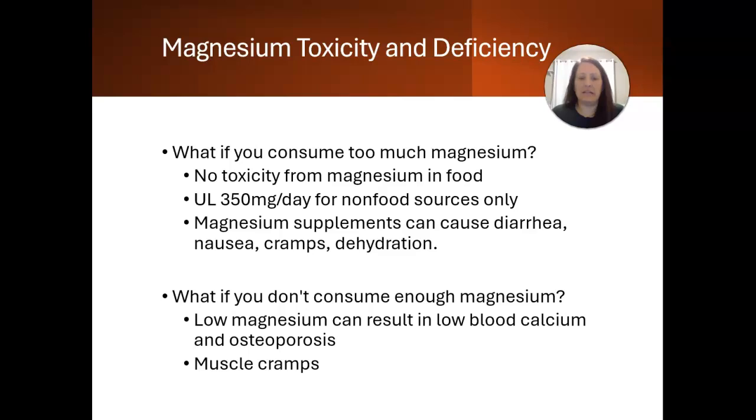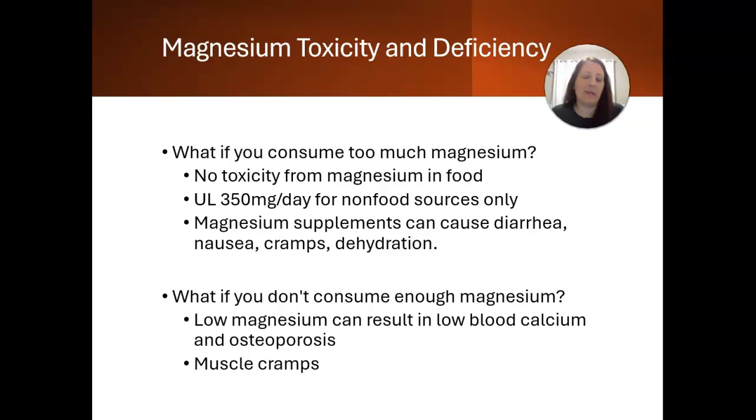Magnesium toxicity and deficiency. There is no toxicity from food sources of magnesium. However, if you're supplementing, so non-food sources, there is an upper limit set for 350 milligrams a day.